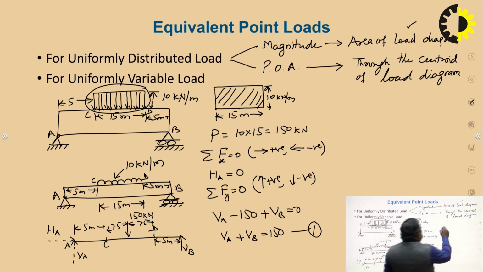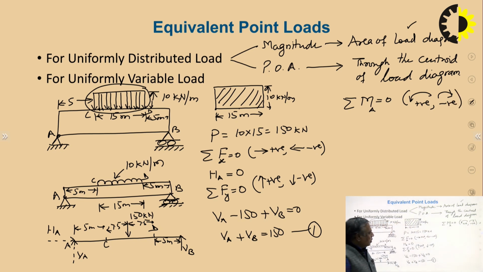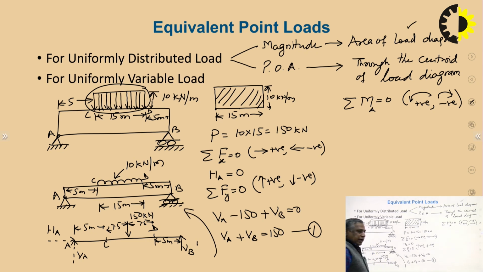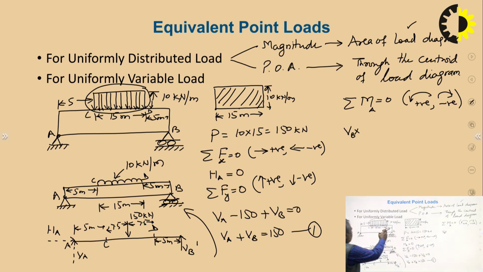Now I will take the third equation, summation M is equal to 0, about which? About A. And sign convention, anti-clockwise moment I will consider positive, and clockwise I will consider negative. So about A, VB will try to rotate it anti-clockwise. That's why VB multiplied by 5 plus 15 plus 5 is 25.